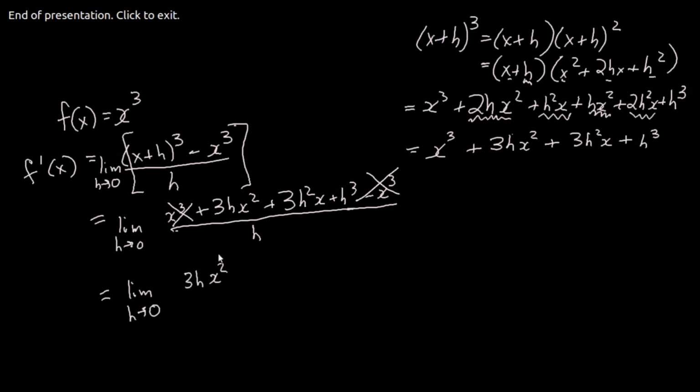squared. Here I have an h and an h. Notice these terms have more h's, higher powers of h in the numerator, so they're going to go to 0 super fast. So they're going to go away, this term and this term. Their limit is 0.